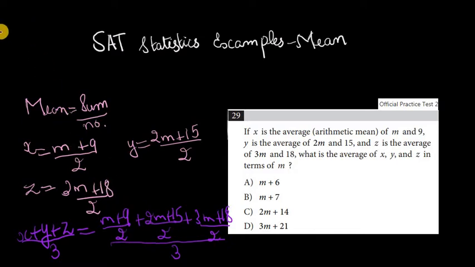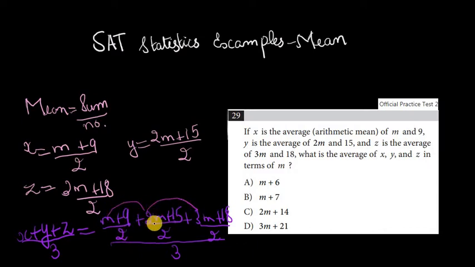So one thing to note here is that the numerators and the denominators all are the same. There are two. So I can essentially add up these three numbers, m plus 9, 2m plus 15, and 3m plus 18. So when I do that, the m terms are going to add up with the m terms.